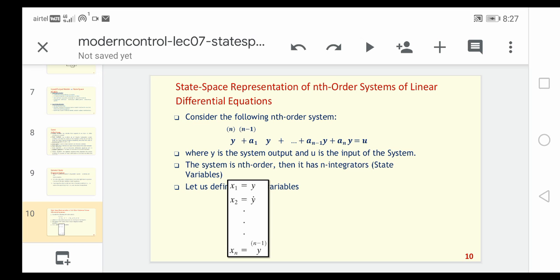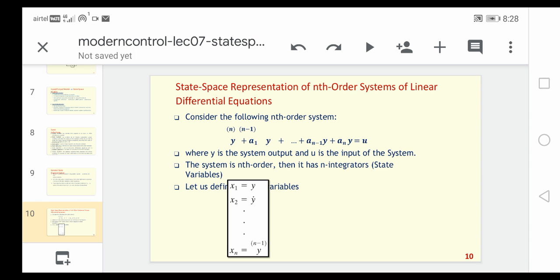If you are considering an nth order equation, then automatically we have n state variables. We represent them with x1, x2, and so on up to xn.